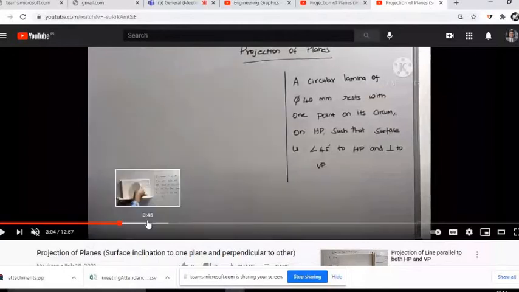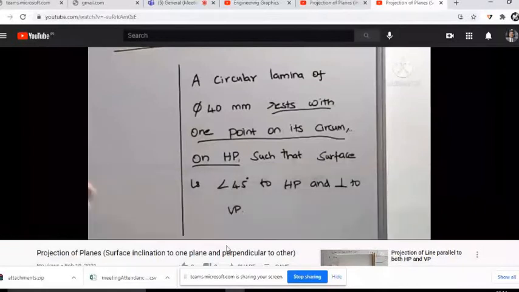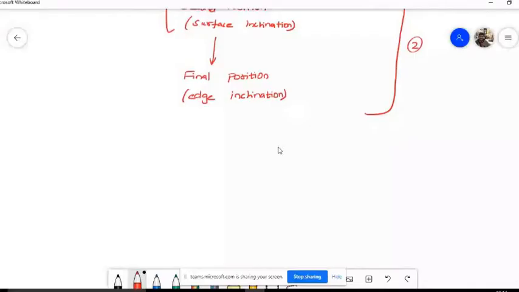Let me show the model first. In the surface inclination and edge inclination problems, there is one more important term, called the resting condition. There will always be some discussion about the resting condition.